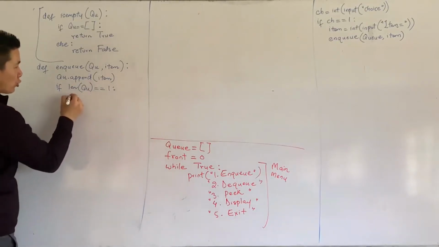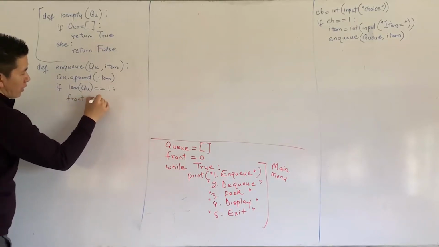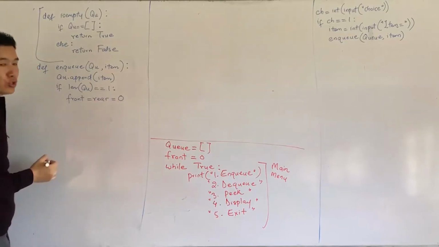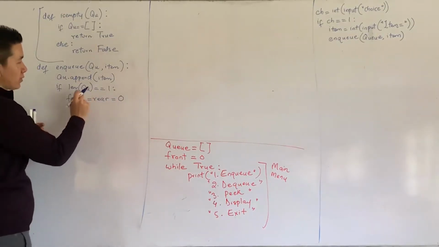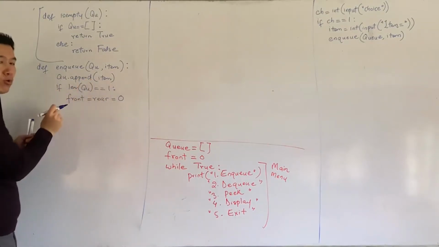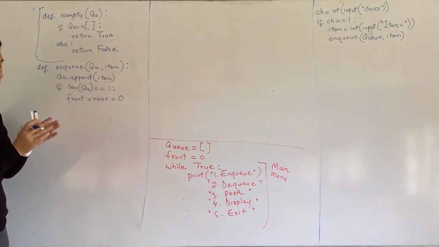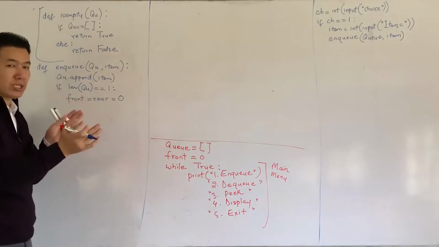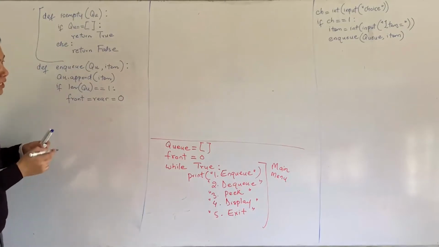If the condition is true, then I should assign front and rear both variables a value of 0. Since the item is added to the queue, if the length of queue is equal to 1, it means you have just one element added in the queue. If this condition is true, then the value of front and rear both should be 0.